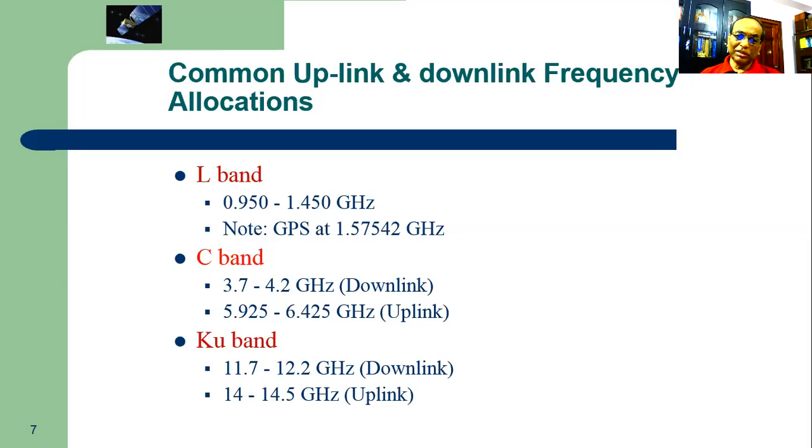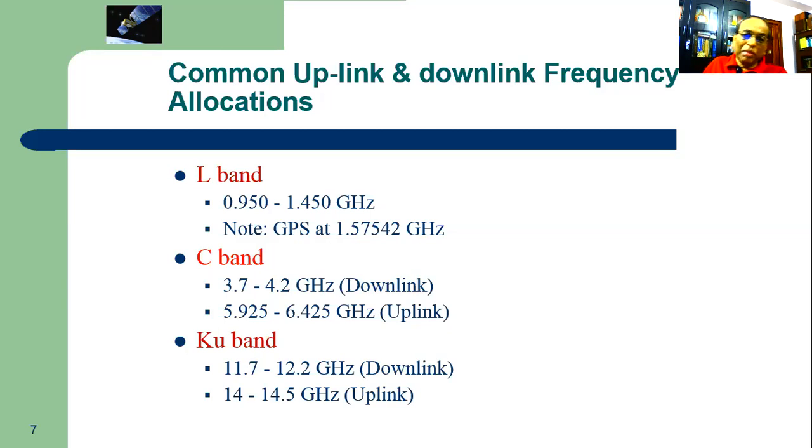Ku band is again divided into two halves. 11.7 to 12.2 gigahertz is usually used for the downlink frequency, and 14 to 14.5 gigahertz for the uplink purposes.